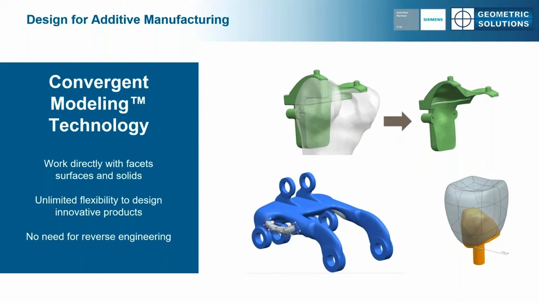If there's any errors or any holes, no problem. With convergent modeling, you can clean it up. What it's really doing is eliminating the error-prone, costly process of reworking these pieces. So that is convergent modeling.